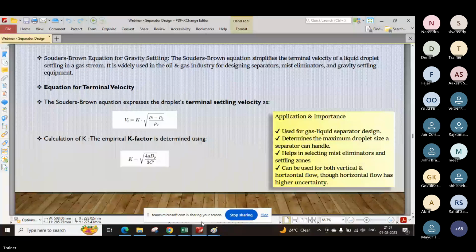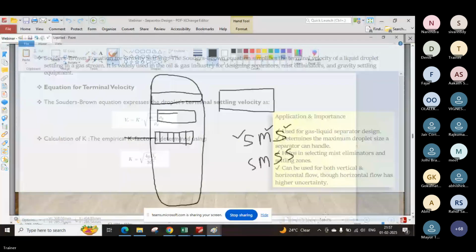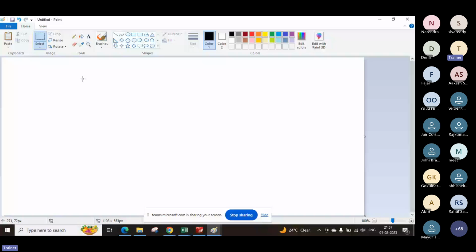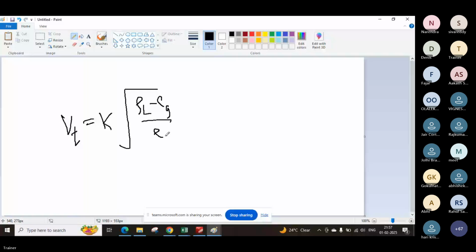Your equation is: terminal velocity Vt equals K times the square root of (rho of liquid minus rho of gas) divided by rho of gas. So suppose we have this as a constant, it is not changing.